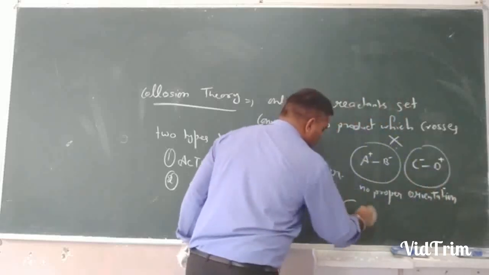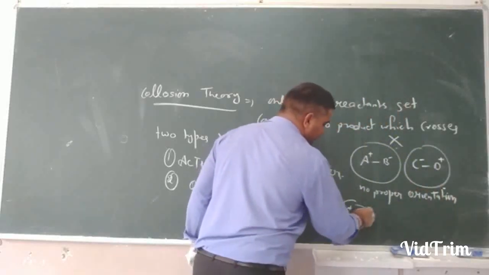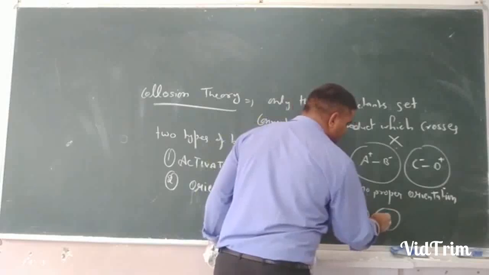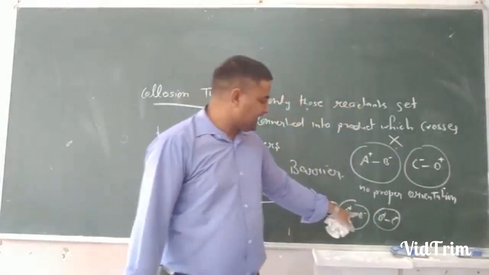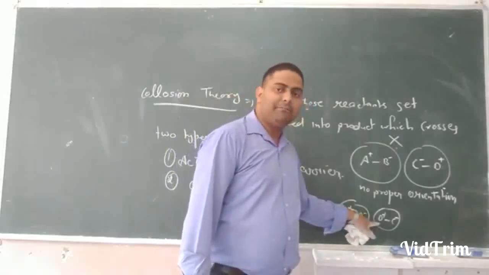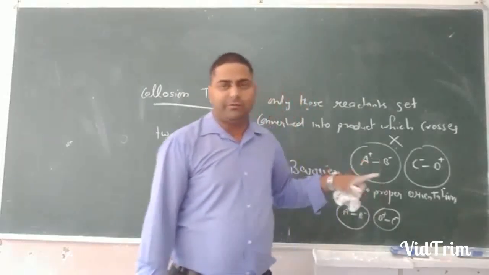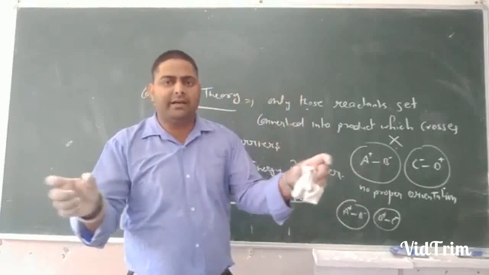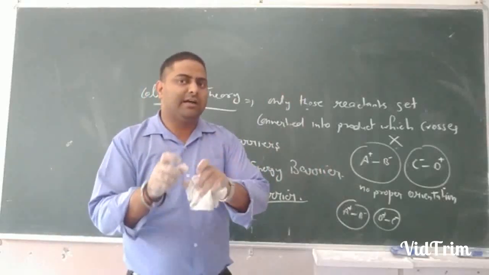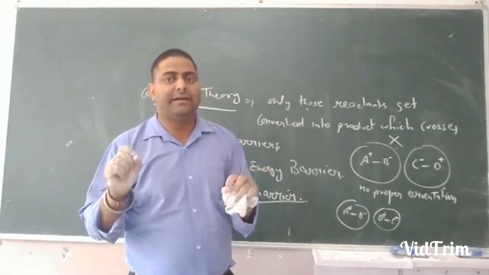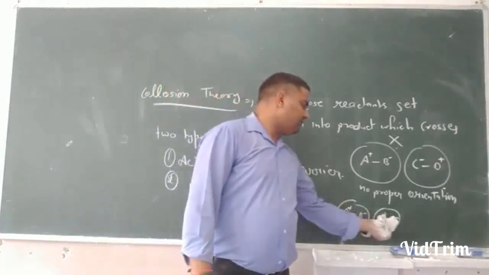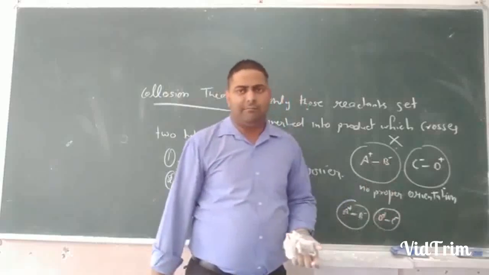But when A positive, B negative comes close to C positive, D negative, then you can see here B negative and C positive have opposite charges. So when they come close to each other, they start attracting each other. If the new forces of attraction are greater than the old forces of attraction, then it easily forms product.